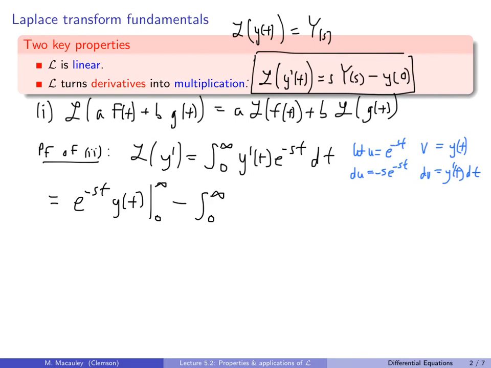So that's y of t times du. Let's put the negative s out in front. The negative s becomes a positive s, and then put the e to the minus st right here.